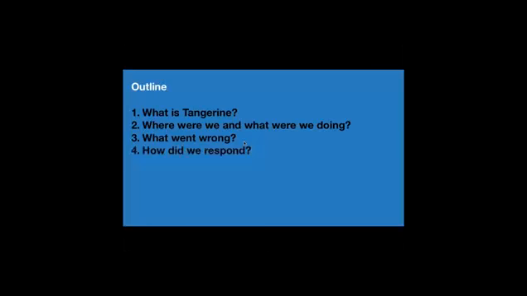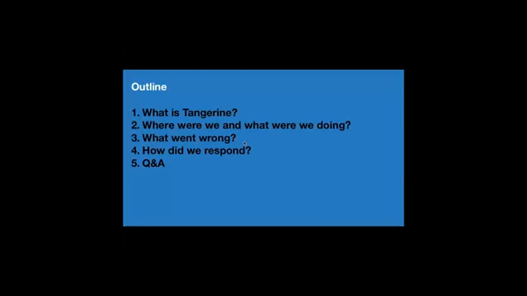I'm going to talk a little bit about what Tangerine is, where we were at the time and what we were doing, what went wrong, how did we respond to what went wrong, and then some Q&A, but we have a more fluid structure than that. So if you feel like chiming in at any time, please just feel free to say something.